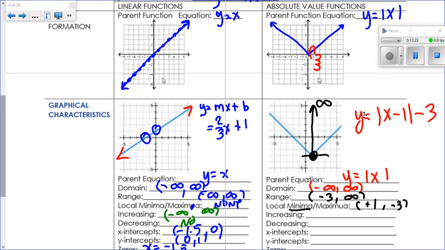Is it increasing or decreasing? Well, let's use our arrows. If I go from left to right, it looks like it's decreasing. And then at the vertex, this is at positive 1, from negative infinity to positive 1, we're decreasing.